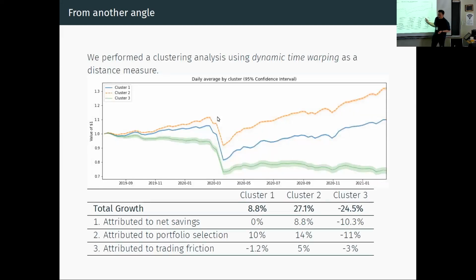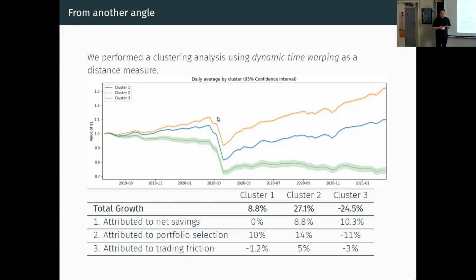This is from another project at our lab. In this project, we analyze the evolution of portfolio value. We run a clustering analysis using dynamic time warping as a distance measure. Dynamic time warping measures the similarity of 2 time series, but with different speeds.